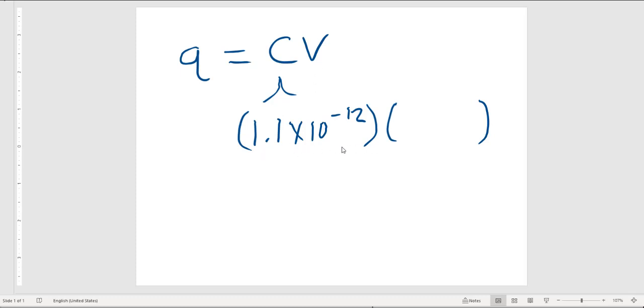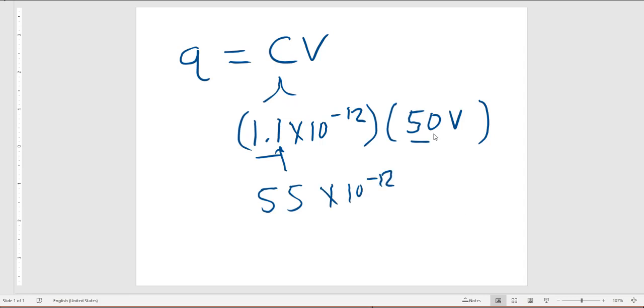We're told the capacitance in the problem, and we're told that the voltage of the source hooked up is 50 volts. So we need to do 50 times 1.1 times 10 to the minus 12th. Well, 50 times 1.1 is 55. So it's just 1 times 50 plus another tenth of 50, which is the 5, times 10 to the minus 12th.